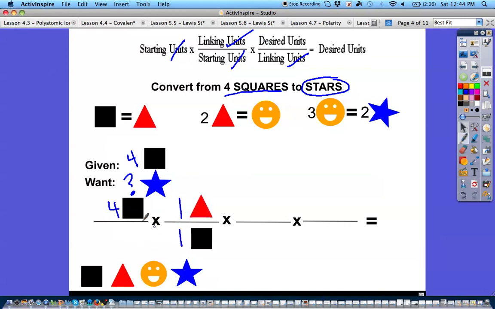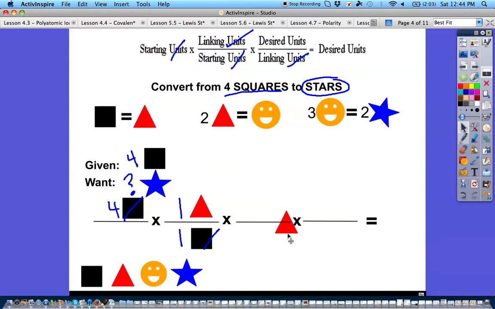So we've now gotten rid of our starting units because those are going to cancel. We have this linking unit. Well, triangles still can't go straight to stars, so we're going to have to use 2 different linking units. The triangle here, 2 triangles is equal to 1 smiley face.